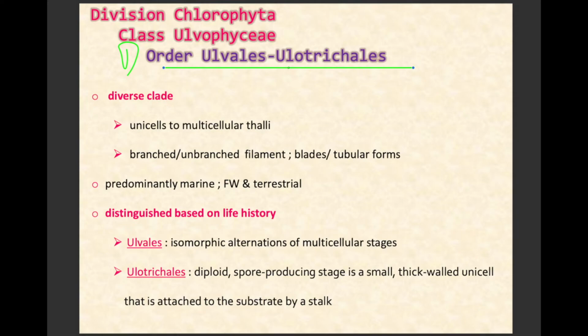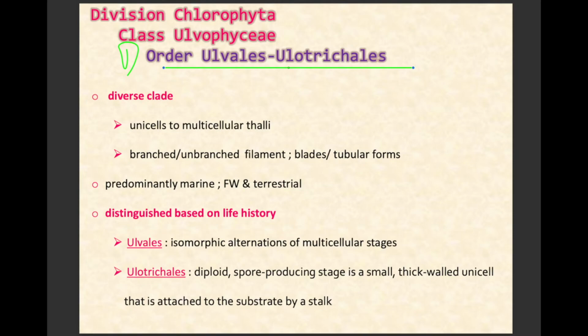You can distinguish your Ulvales and your Ulotrichales based on their life history. Kasi yung mga Ulvales natin, they have this what we call isomorphic, or they form the alternation of multicellular stages. While your Ulotrichales, they are diploid, they produce spore.